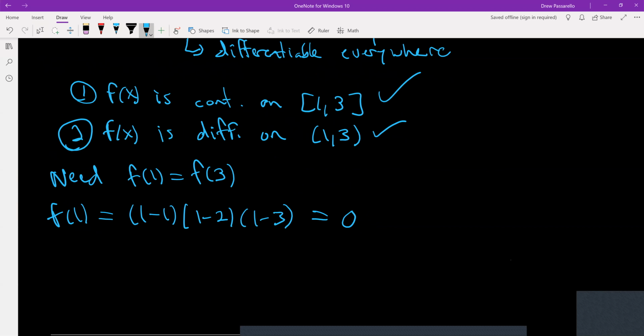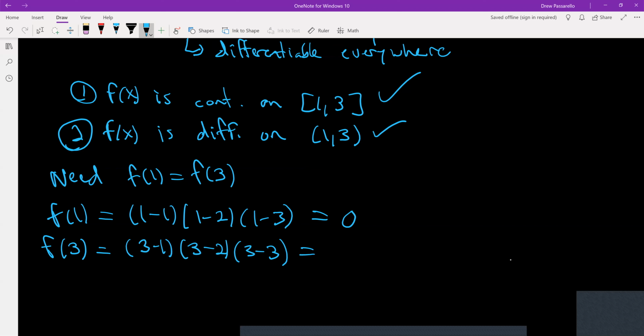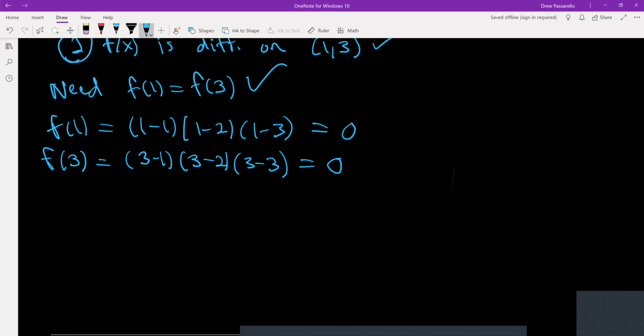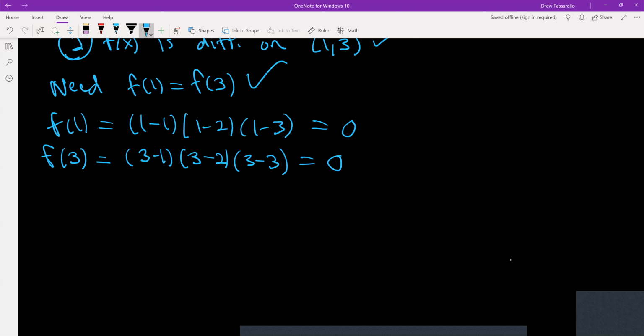And f of 3 is going to be 0 also, because the x minus 3 becomes 3 minus 3, which is 0. Plugging it in, it'll look like this. So the 3 minus 3 is 0, making the whole thing 0. All right, so we've met the third requirement. So we're good to use Rolle's theorem.